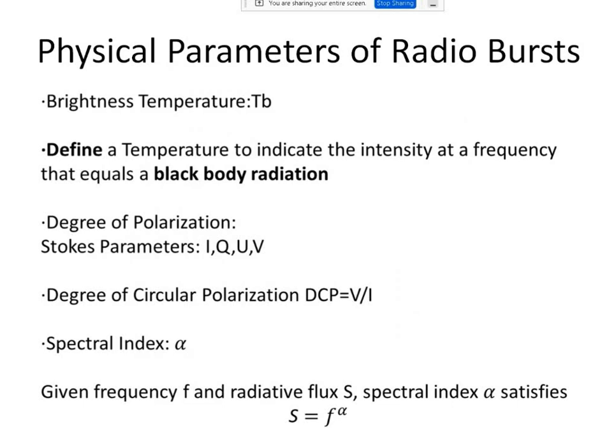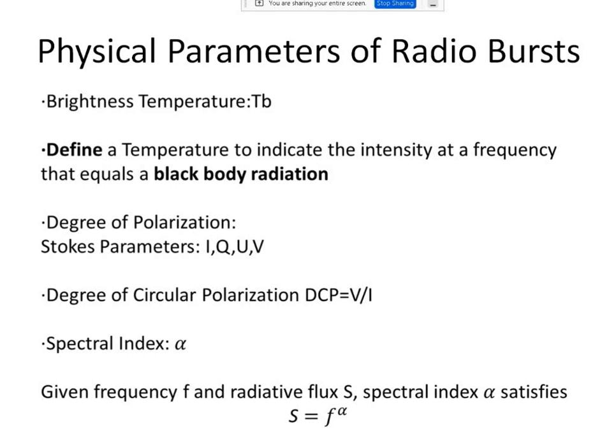Here are some physical parameters of the radio burst, which are very important in the analysis of the radiation mechanisms. First is the brightness temperature, T_B. Brightness temperature means we define a temperature to indicate the intensity at the frequency that equals black body radiation. Then we have another physical parameter, which is the degree of polarization.